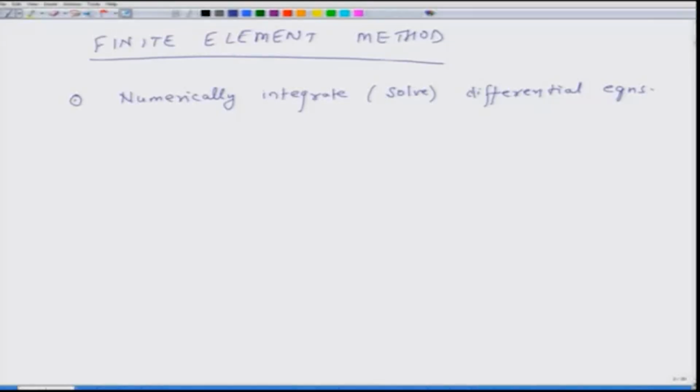These equations could also be linear or non-linear, it again does not matter. A very big advantage of finite element analysis is that it is very general, and because it is general, it is also very flexible. What do I mean by that?